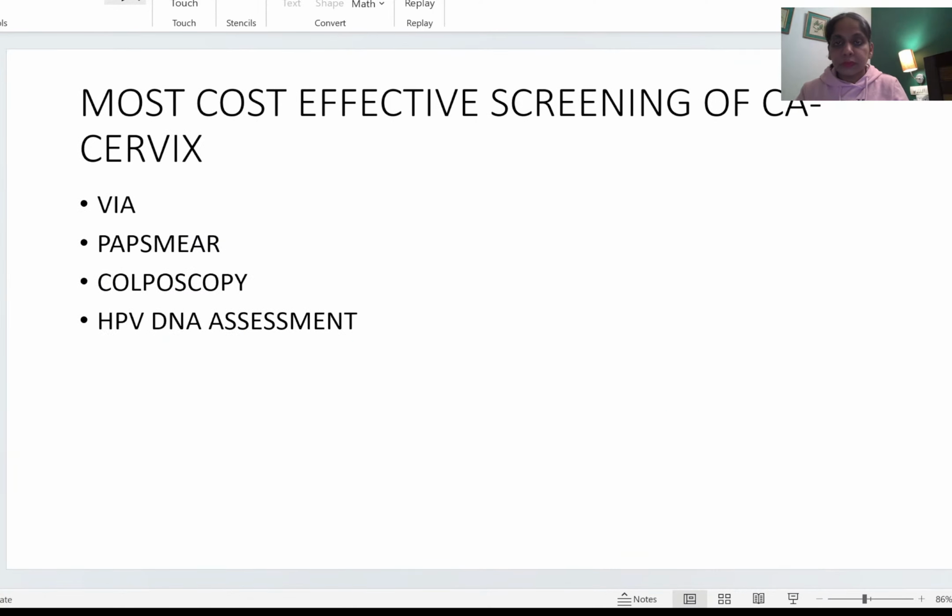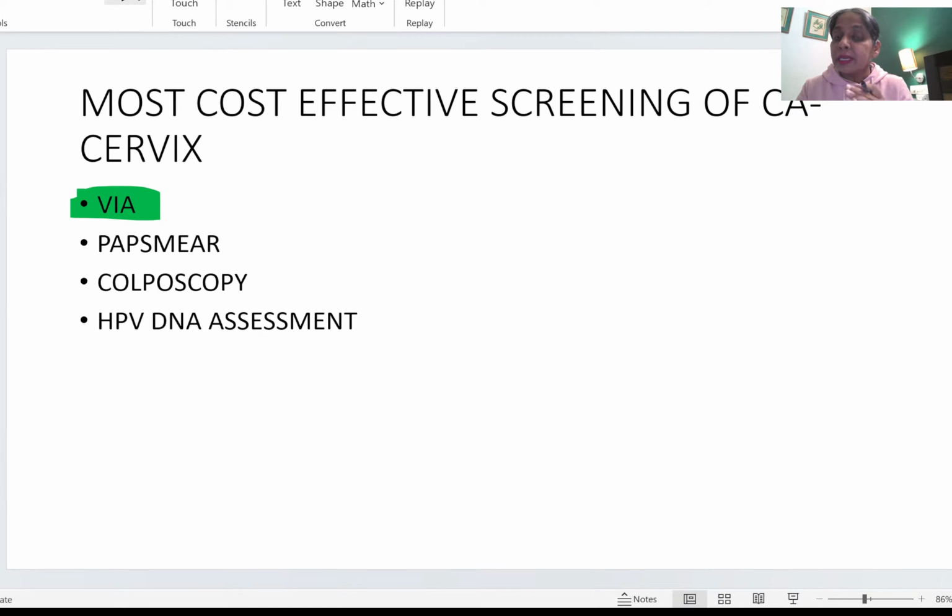So this is a most controversial question which has been asked. Most cost effective screening of CA cervix. The most cost effective screening of CA cervix is VIA. Here I would like to tell you something, that I was the head of the CAI one year back, and I have given a lot of training to nurses, because visual inspection with acetic acid is very, very cheap.